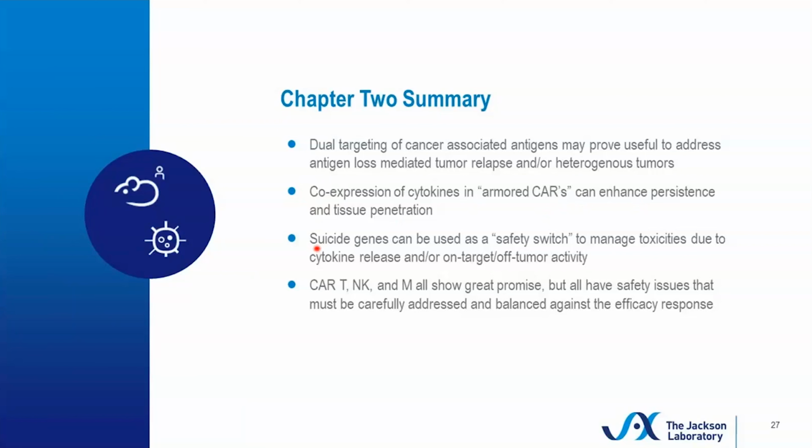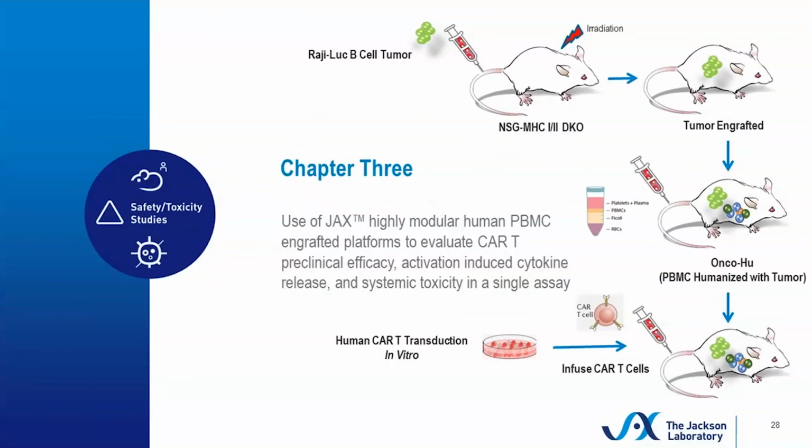Suicide genes can be used as a safety switch to manage toxicities due to cytokine release or due to on-target off-tumor activities. And all these technologies are very, very interesting. CAR-T, CAR-NK, and CAR-M show great promise, but they all do have safety issues that must be carefully addressed to balance efficacy with some of these cytotoxic responses.